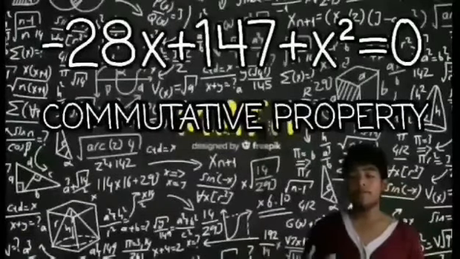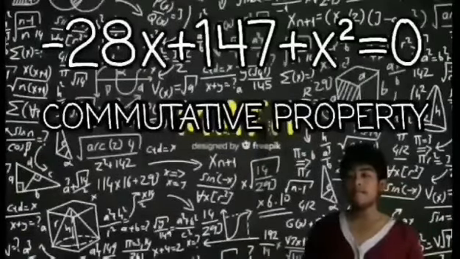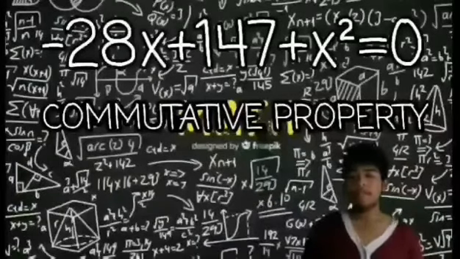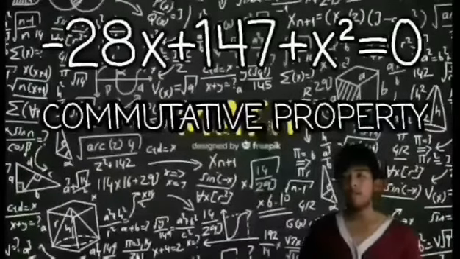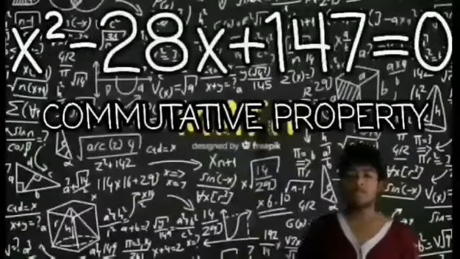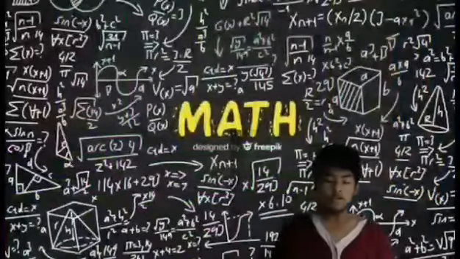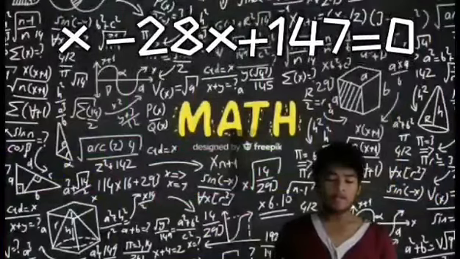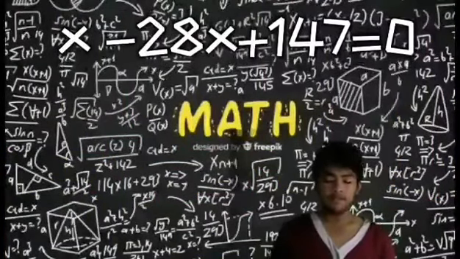So from negative 28x plus 147 plus x squared is equal to 0, it will become x squared minus 28x plus 147 is equal to 0.